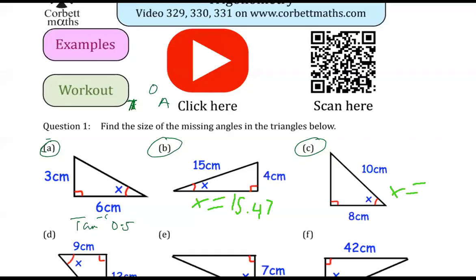You got B right. Let's go on to C. What do you get for C? 53.13.